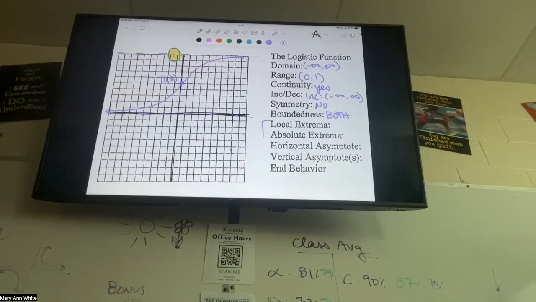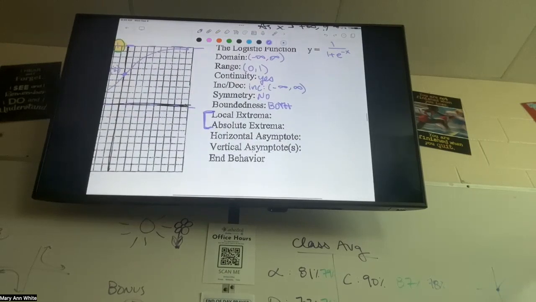Local extrema. You guys remember what the word extrema means? Like max, min, a high point, a low point. Do you have any high or low points at all here? We have some low points, but I'd argue every low point has a point next to it that's lower. So I would say there's no point that's higher or lower than everything around it.